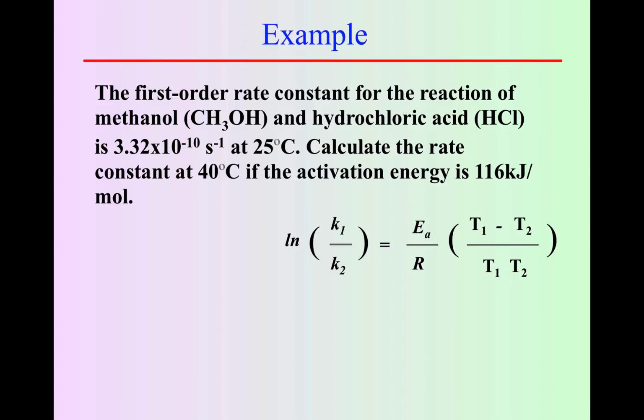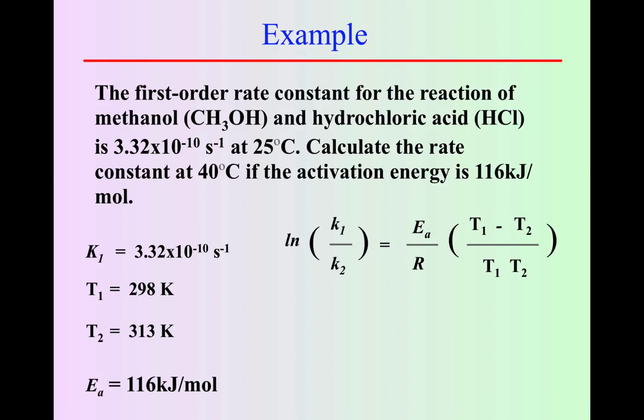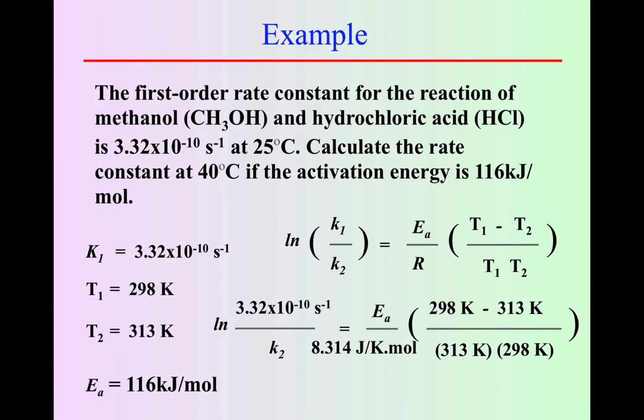So plug into this permutation of the Arrhenius equation. Solve for the rate constant at the new temperature. So what did we do? We raised the temperature. Rate constant should have gotten bigger. It did get bigger.